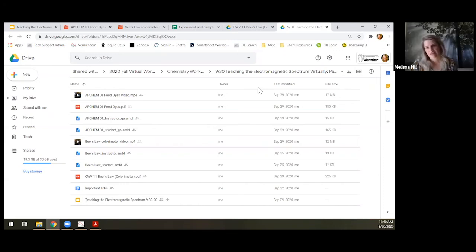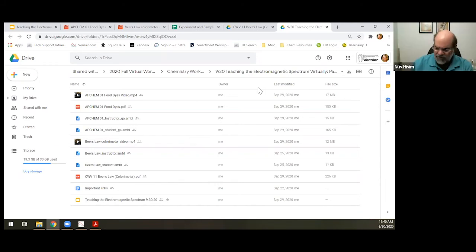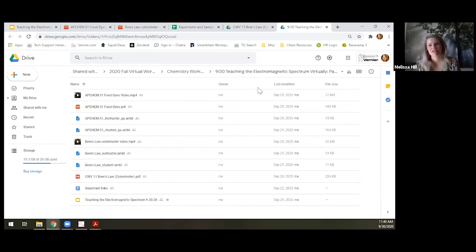Yes, the fiber optic cable, in order to do emissions of gas discharge tubes or flame tests. I know Noosa is going to be showing a lot of really cool flame tests next week. You need to purchase the fiber optic cable separately. I think that's like $69. Yeah, I think that's right. So if you want to look at more of the elemental side, the gas discharge tubes, the flame tests, all those types of experiments, you definitely want to also get that fiber.